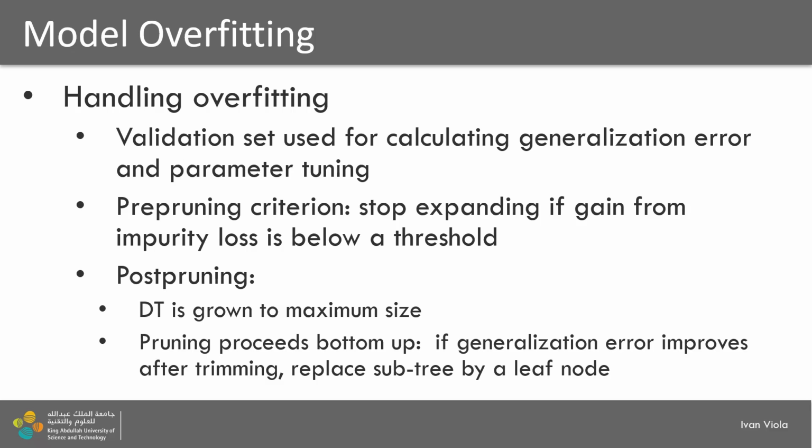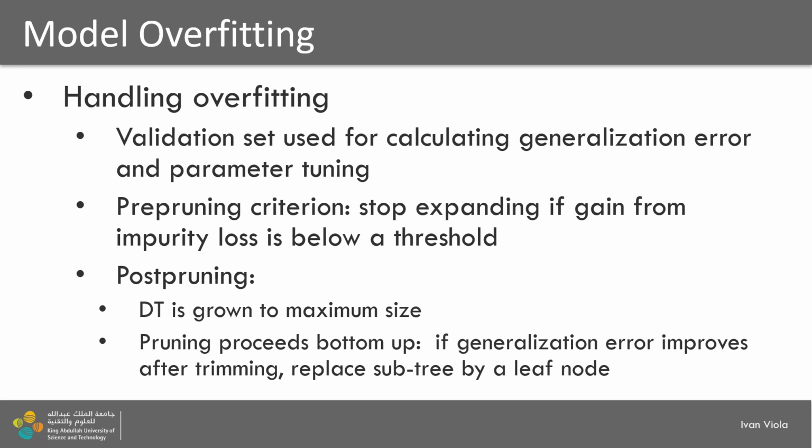And the last set will be the test set, with which we will do the final evaluation of the model at the very end, once it is trained and hyper-tuned, and it's ready to be tested on data it has never seen before. That is one strategy for handling overfitting.